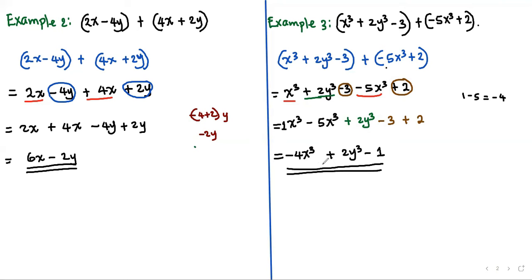So it will be a polynomial. So we are having this constant minus 1. So this will be our final answer. So it means that this is the sum of this. I hope you have understood that also.